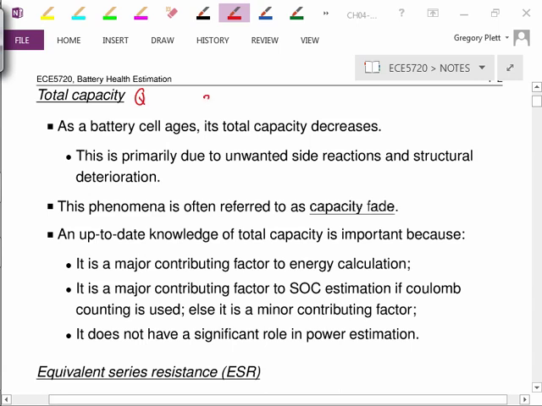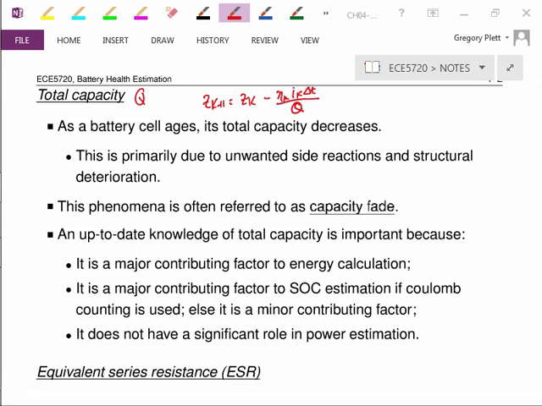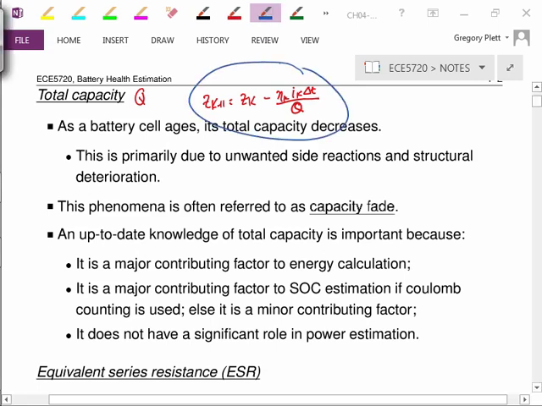Q shows up in our model in z_{k+1} = z_k - eta_k i_k delta t over Q. This is the total capacity. It also shows up in the hysteresis equation in the rate factor. I can't think of anywhere else right now where it shows up. So those are where we see the capacity in the model. And the biggest impact is going to be in the state of charge Coulomb counting equation.